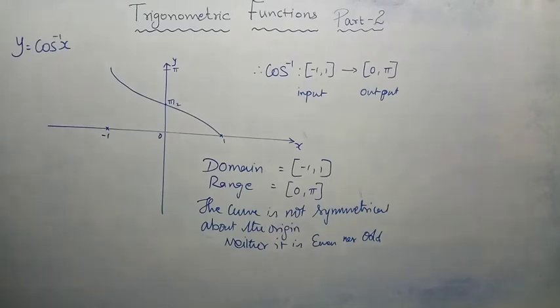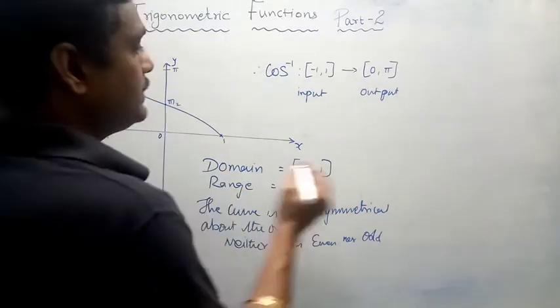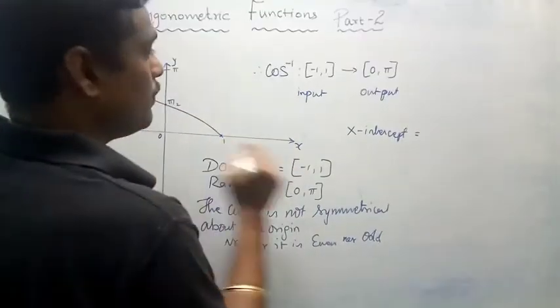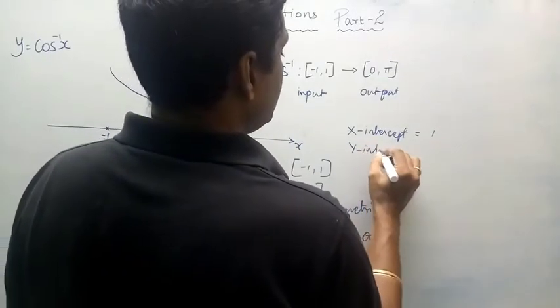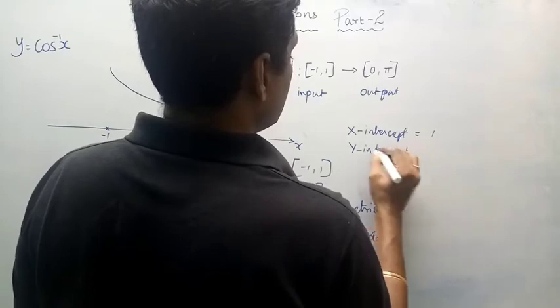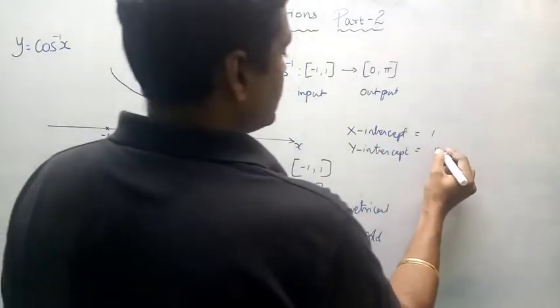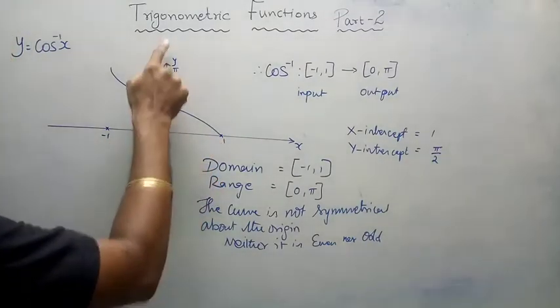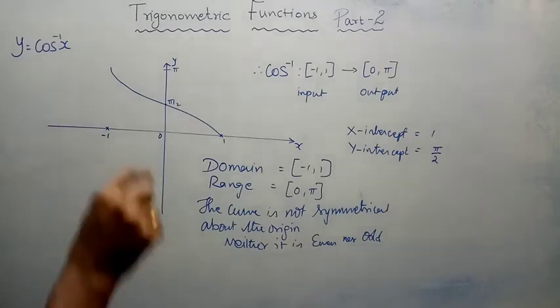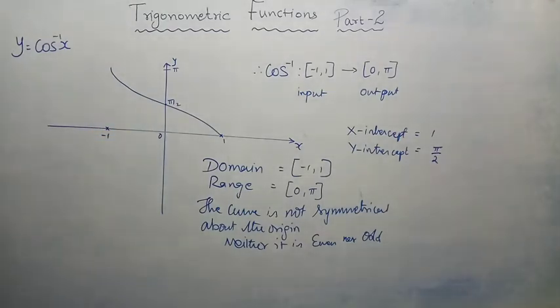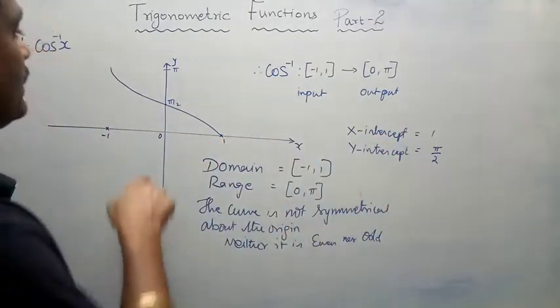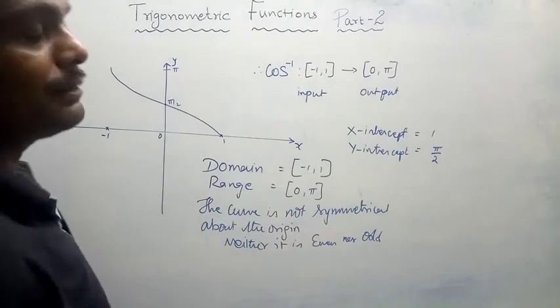And in this case, the x-intercept equals 1 and the y-intercept is 90 degree. This is the meeting point on the axis. X-intercept means the curve meets the x-axis at 1. When it meets the y-axis at 90, the y-intercept is 90.